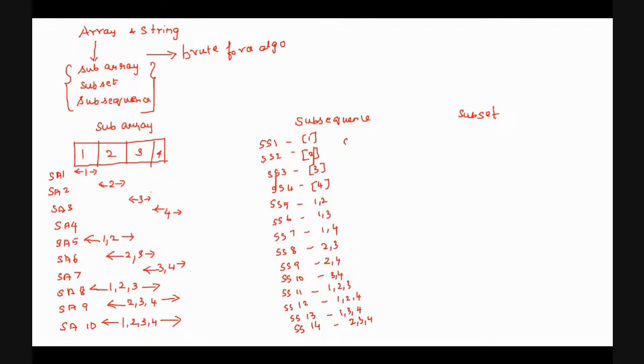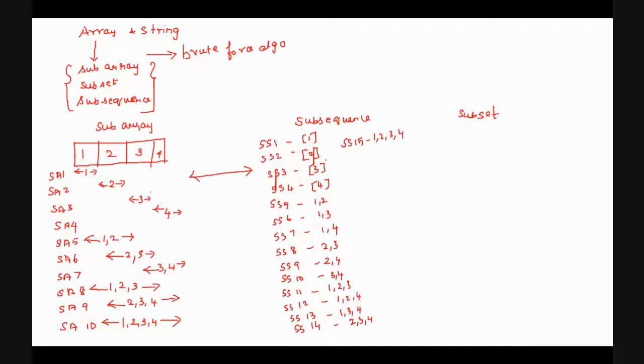And then subsequence 15 will be 1, 2, 3, 4. Look at the difference between your subarray and your subsequence. Your subsequence will be formed from your original array in order by deleting one or more elements.